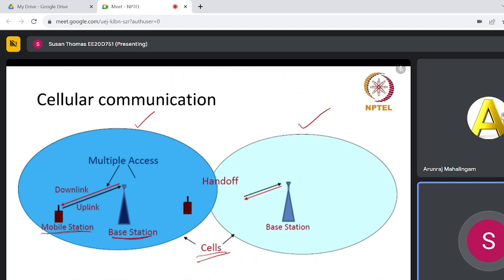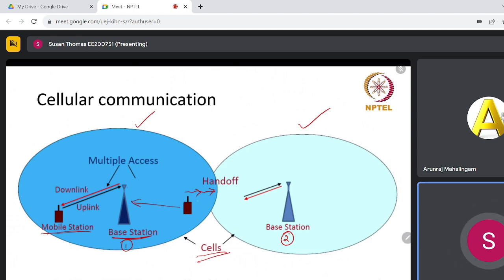Suppose a very simple example, when you are talking and you are traveling. The mobile station is having a movement. Suppose your mobile station was under the coverage of base station 1, and this is base station 2. Now the mobile is moving in this direction.